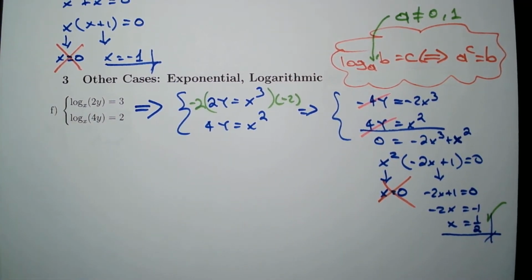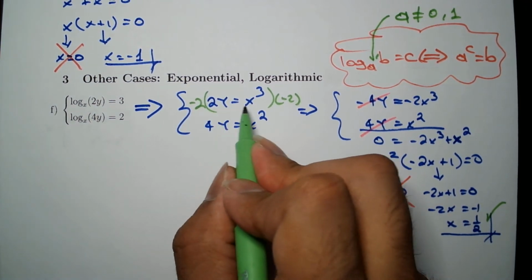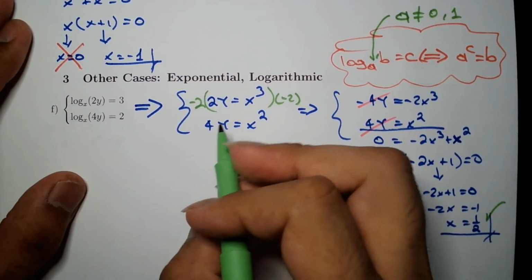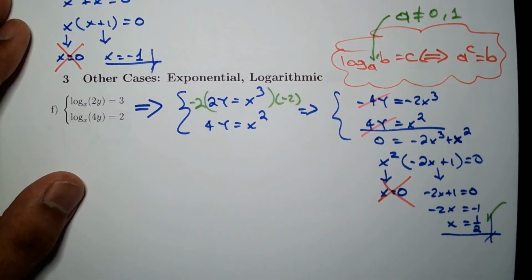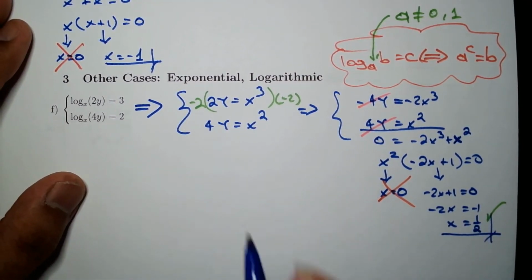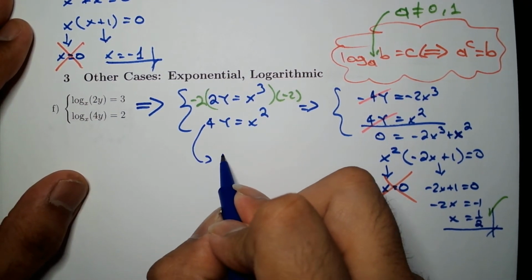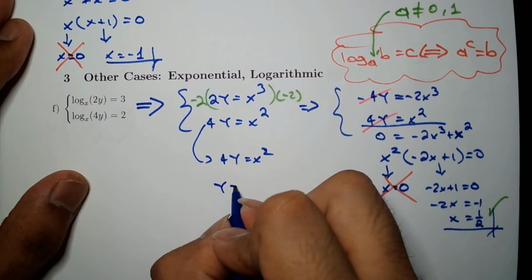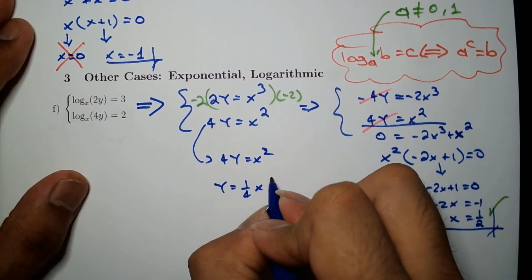All right, and what are we going to do in this case? Well, just choose any of these two equations and solve for y. I'm gonna do the second one. I'm gonna write y equals 1/4 x squared.